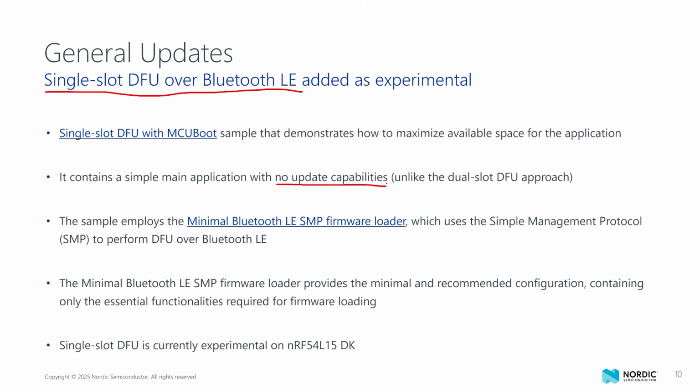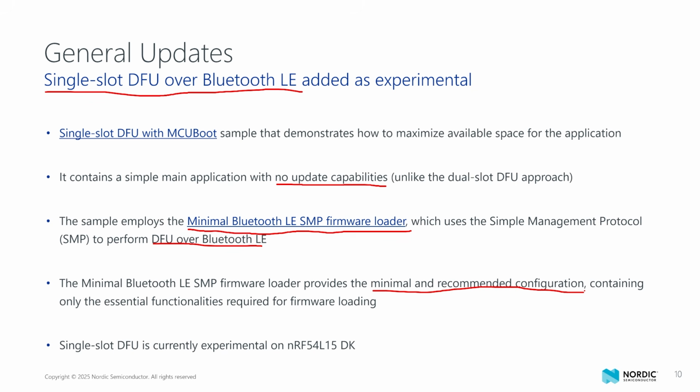What this single slot DFU approach does is that it has a separate, dedicated, smaller and optimized application for the firmware loading. It uses the minimal Bluetooth LE SMP firmware loader. SMP is a simple management protocol, and that application is used to perform DFU over BLE. That application provides a minimal and recommended configuration.